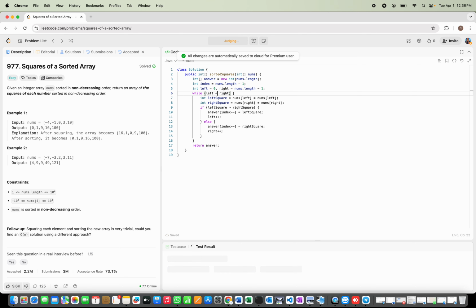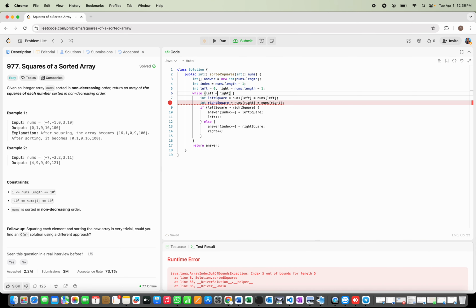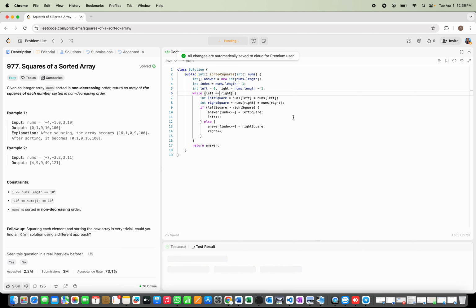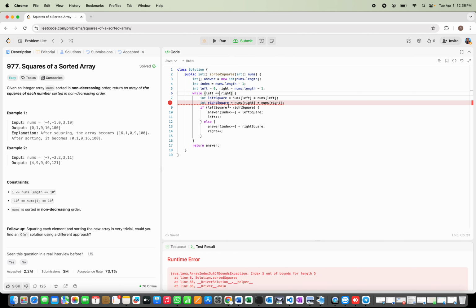Oh, is it because of this? No. Why is it out of balance?